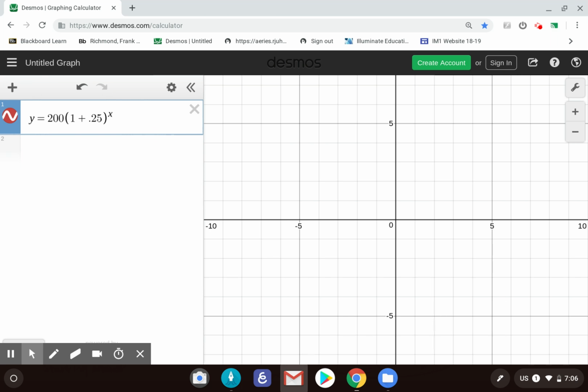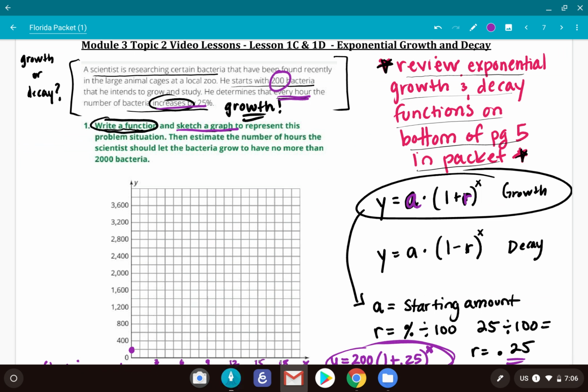And we can substitute in different values. So if I substitute in 3, then my y is 390.625, which is about right here.